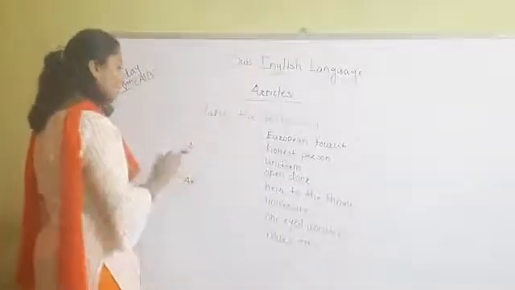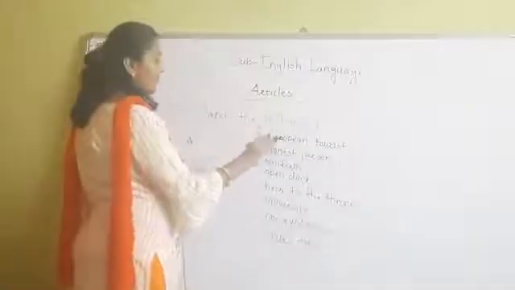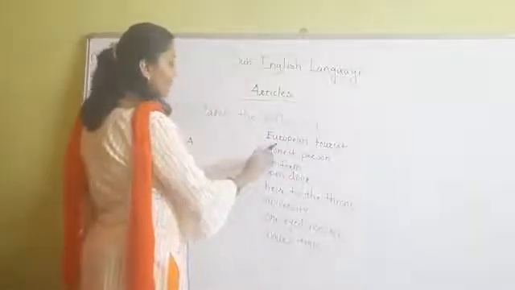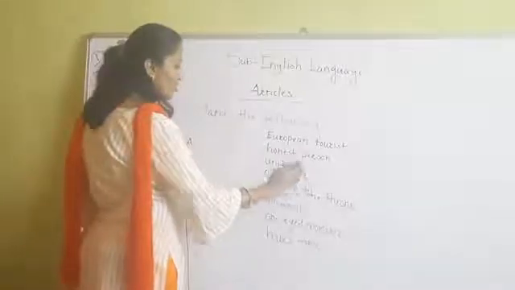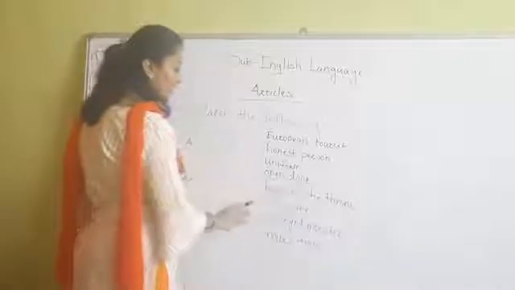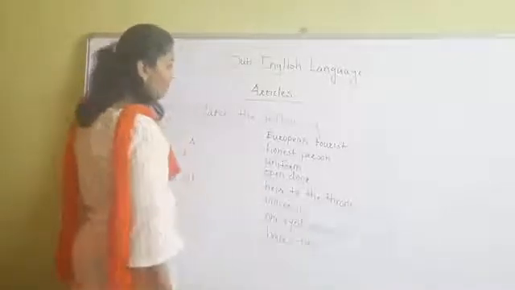Now students, match the following. Okay. On one side a and an are given here, and on the other side the words are given here: European tourist, honest person, uniform, open door, heir to the throne, university, one-eyed monster, hour's time.